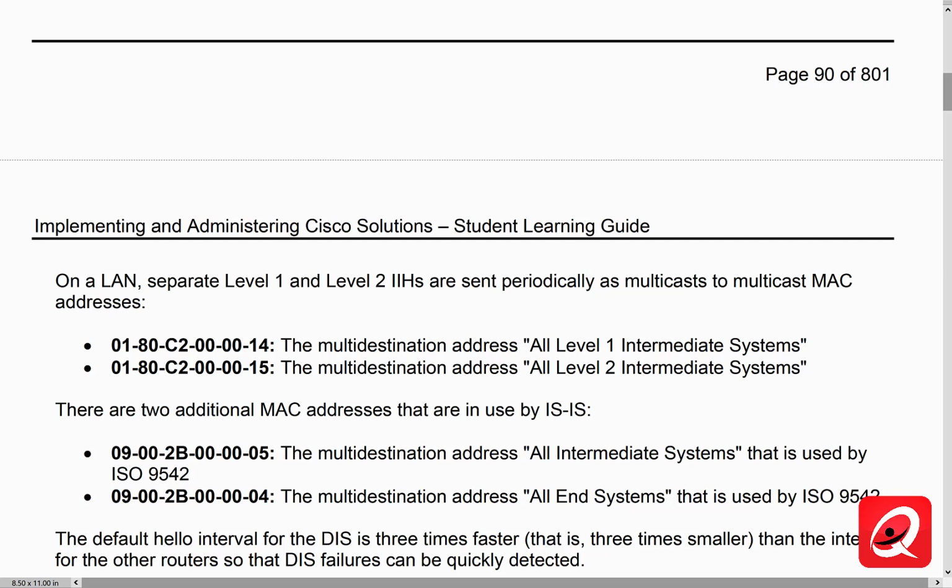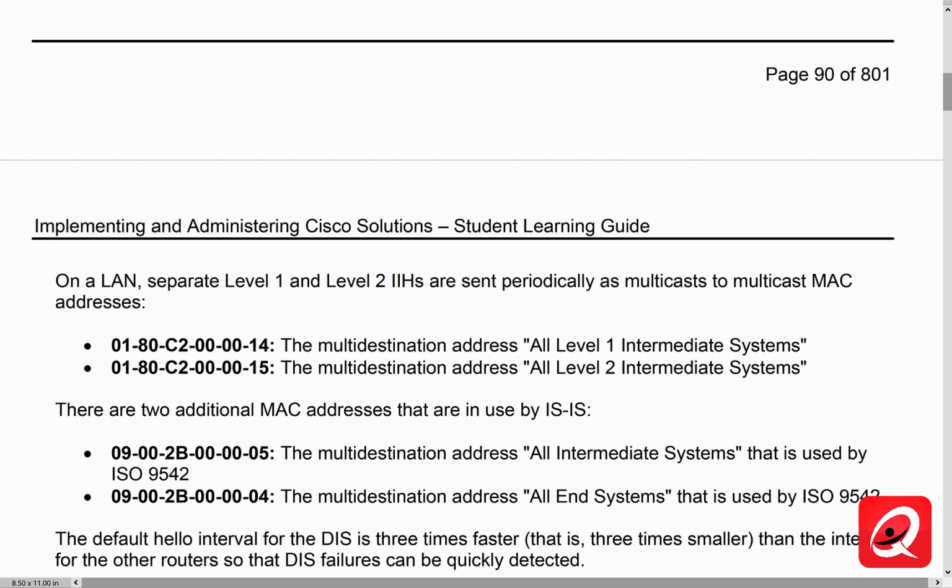Okay. The default hello timer for the DIS is 3 times faster, 3.3 seconds, 3 times smaller than the interval for the other routers, because the DIS plays such a significant role. It's going to have to communicate information much more quickly.